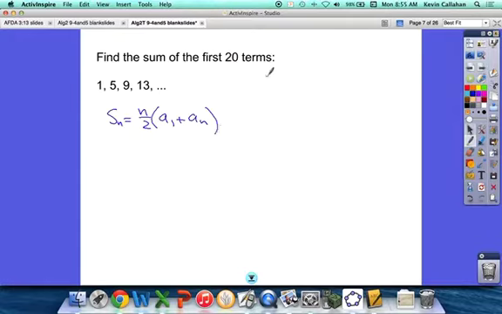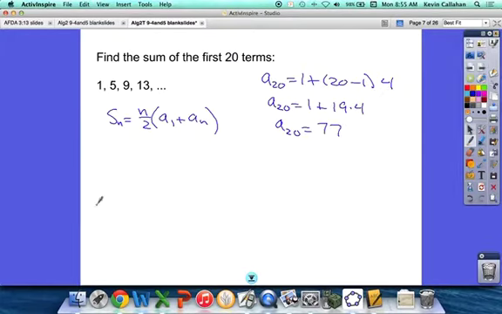So a20 is the first term, 1, plus 20 minus 1 times the common difference of 4. So A20 equals 1 plus 19 times 4. A20 equals 76 plus 1, 77.